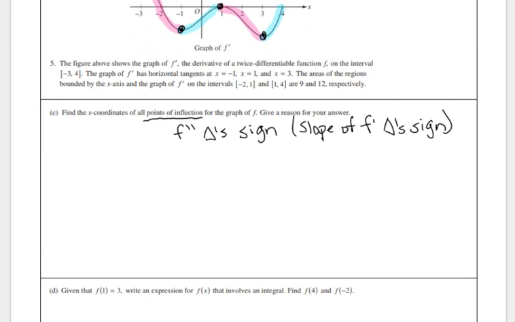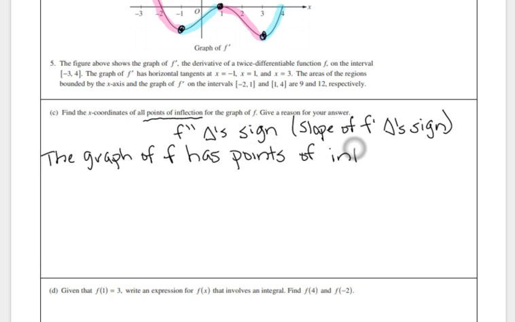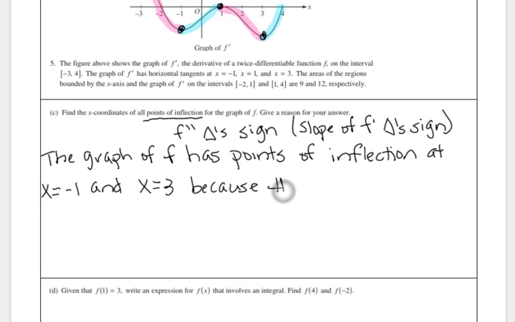So f has points of inflection at x equals -1 and x equals 3 because the slope of f prime, oh, that was really bad writing right there. Let's fix that.